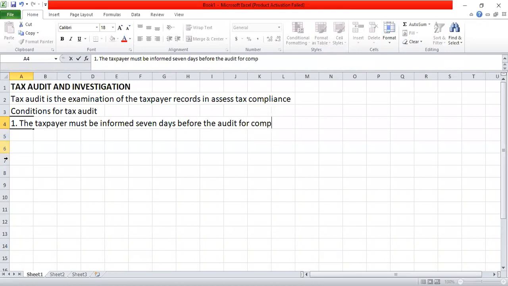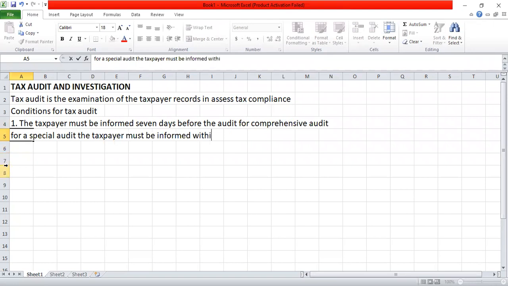If it is a special issue audit, then the taxpayer must be informed within 3 days.